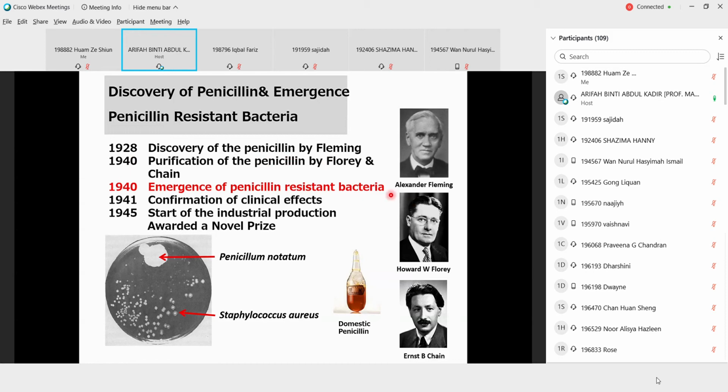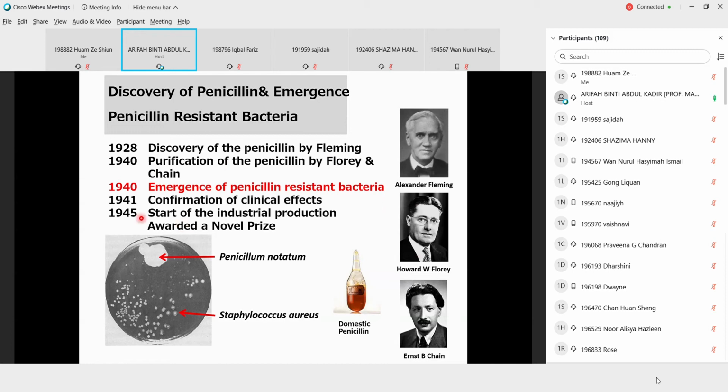I would say this was the first antibiotic discovered. In 1940, penicillin was purified by Sir Florey and Chain. And in 1940 itself, they noticed the emergence of penicillin-resistant bacteria. So that fast.